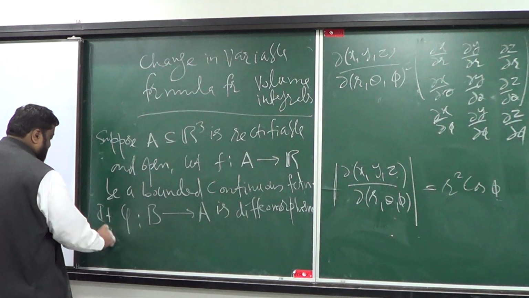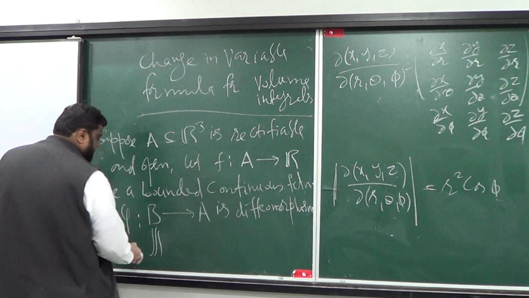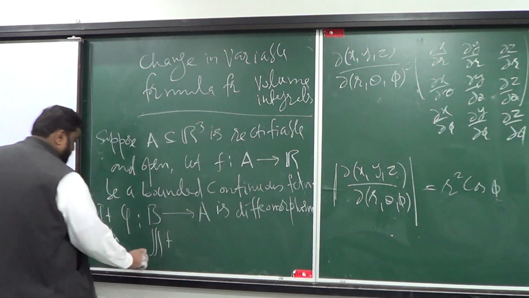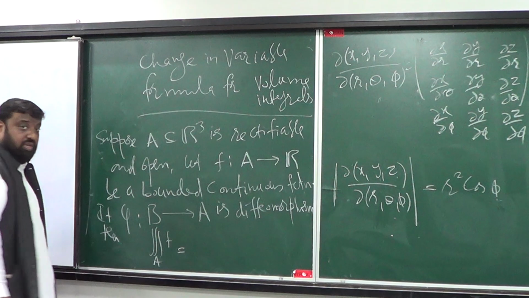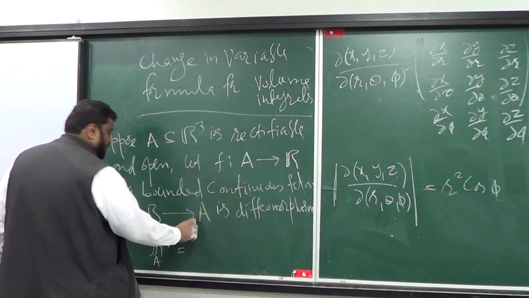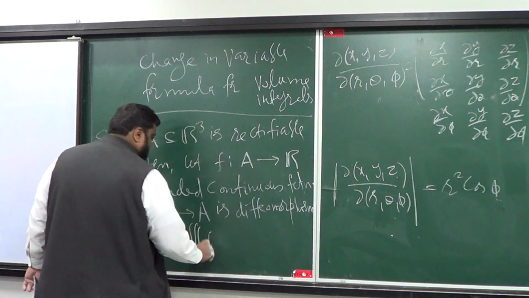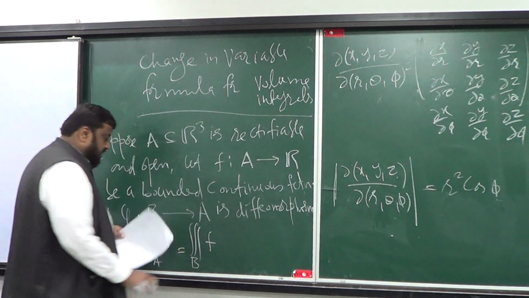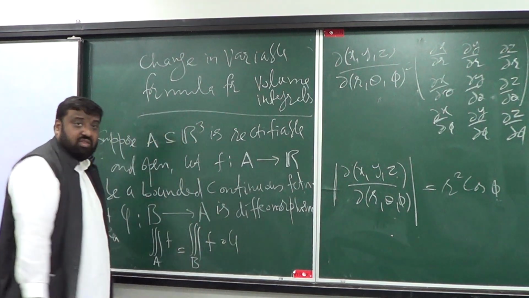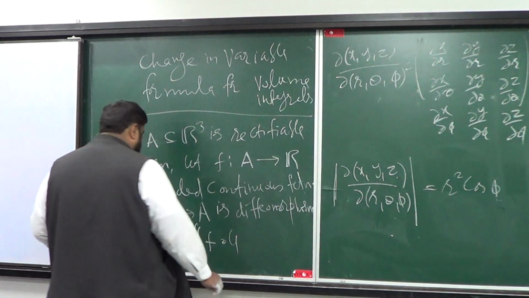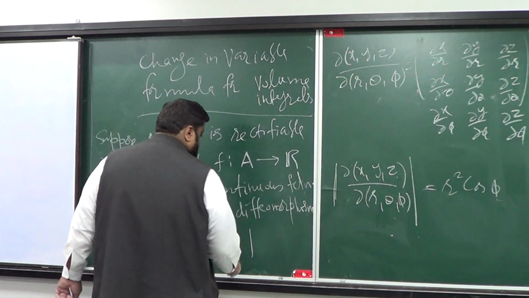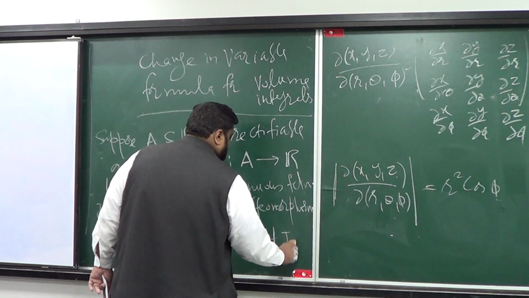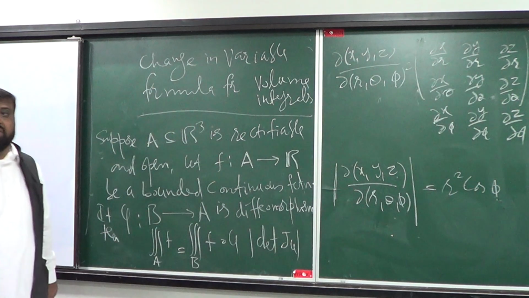Then the volume integral of f over A is equal to what? This is equal to the volume integral of f over B composed with phi, multiplied with what we call the Jacobian, the determinant of J phi. Is it making sense?